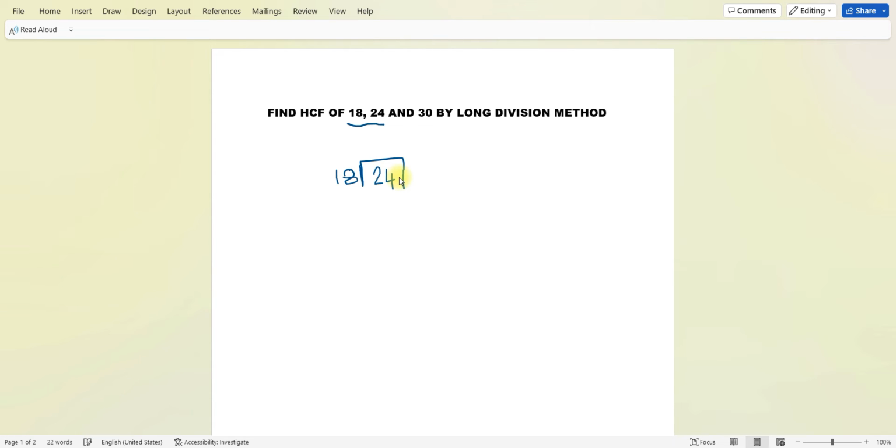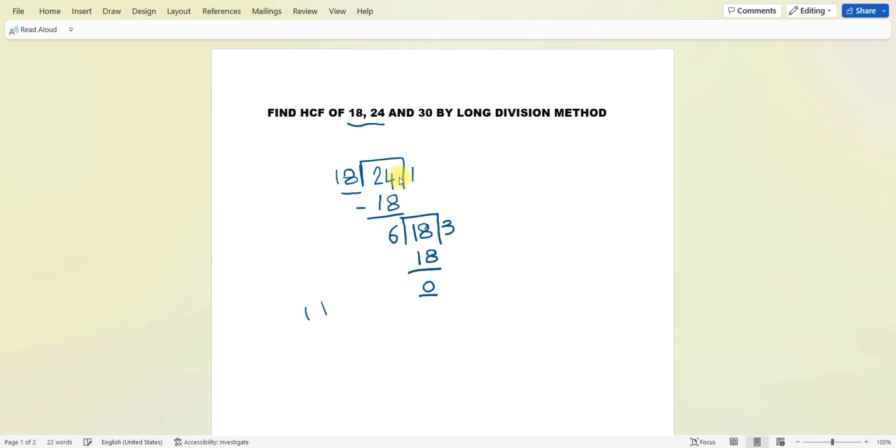So dividing this, it would be 1 times 18, which gives you a remainder of 6, and this becomes the new divisor and the previous divisor becomes the new dividend. So it is 3 times 18 would be 18 and I get a remainder of 0.